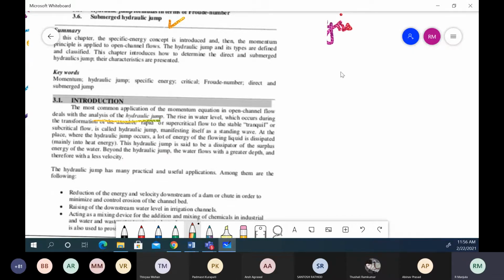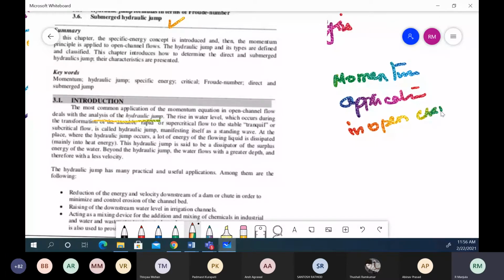The most common application of the momentum equation in open channel is with the help of hydraulic jump.